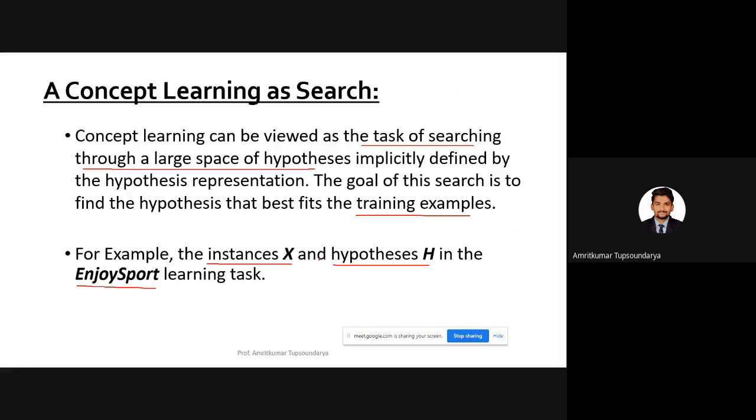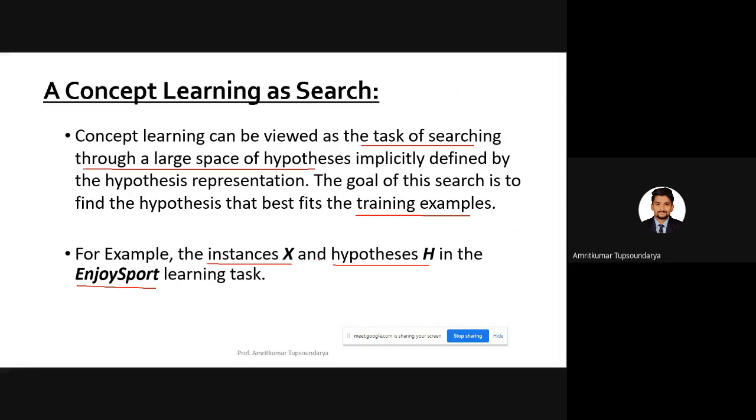It is important to note that in selecting a hypothesis representation, the designer of this whole learning algorithm defines the space of all the hypotheses that the program can represent.